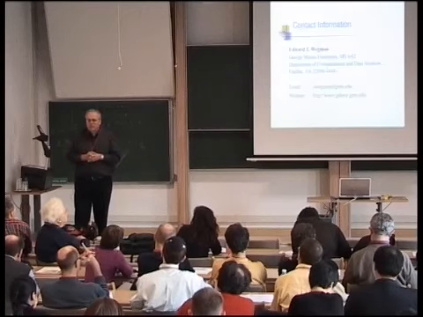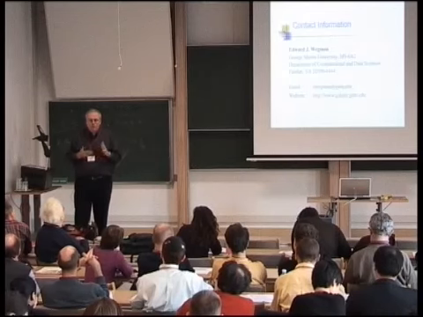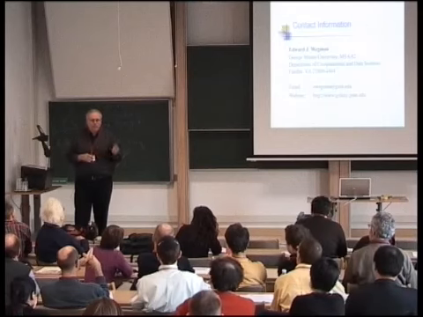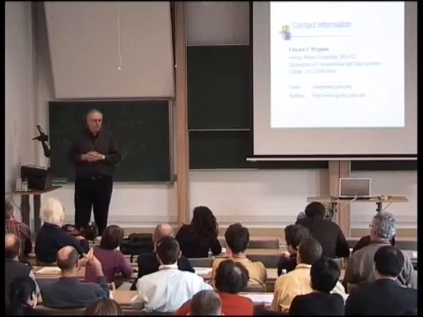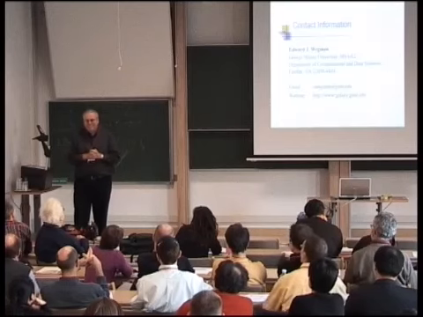People always say to me, well, everybody understands Cartesian coordinates, but these parallel coordinates are not so easy. But they teach Cartesian coordinates in grade school, and they don't teach parallel coordinates until you get to the Newton Institute, maybe.